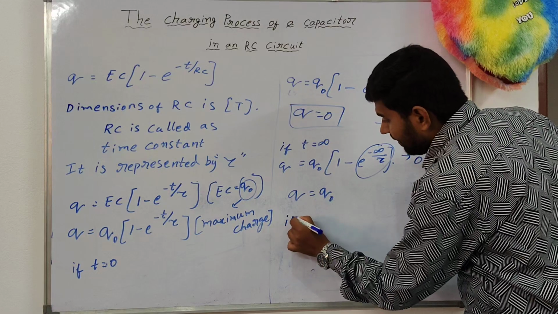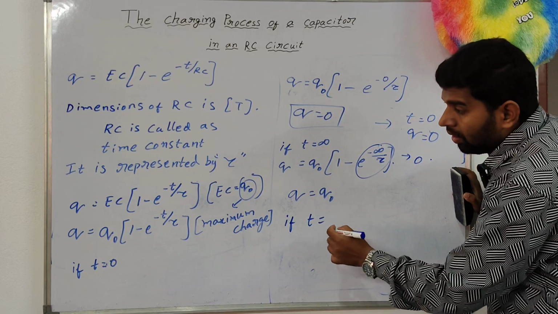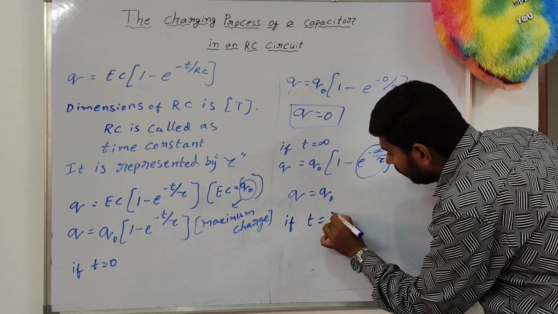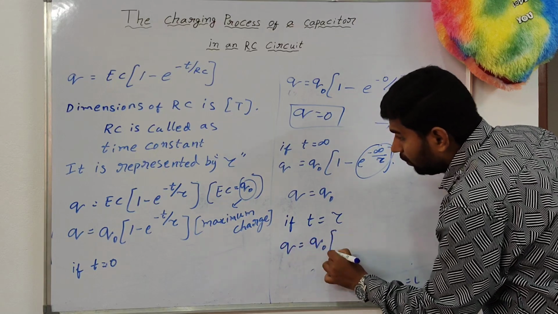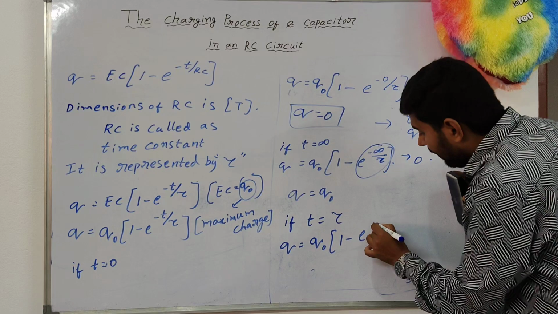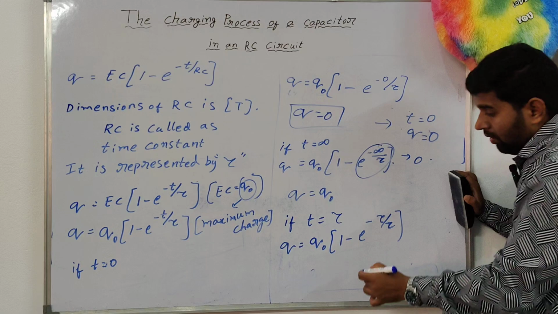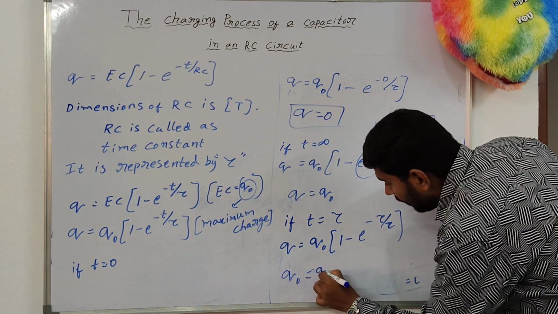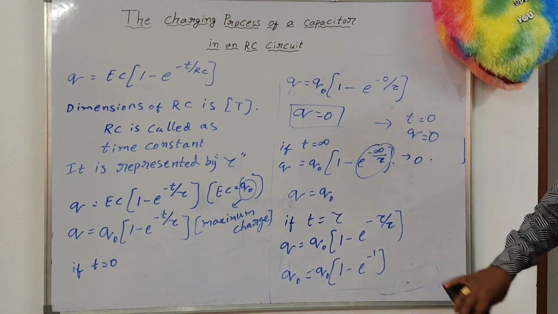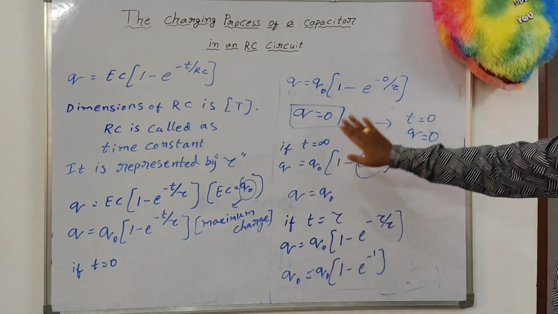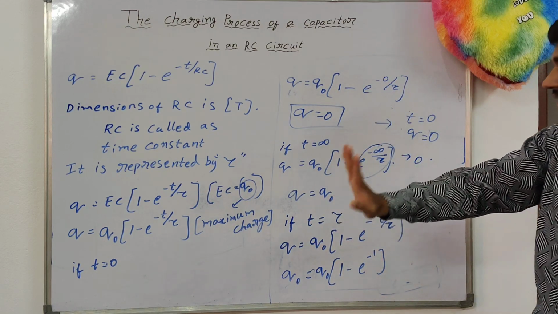Suppose t is equal to tau. What will happen? Q is equal to Q naught into 1 minus e power minus tau by tau, so Q is equal to Q naught into 1 minus e power minus 1. See, if t is equal to 0, Q is equal to 0, satisfied. If t is equal to infinity, Q is equal to Q naught, also satisfied.